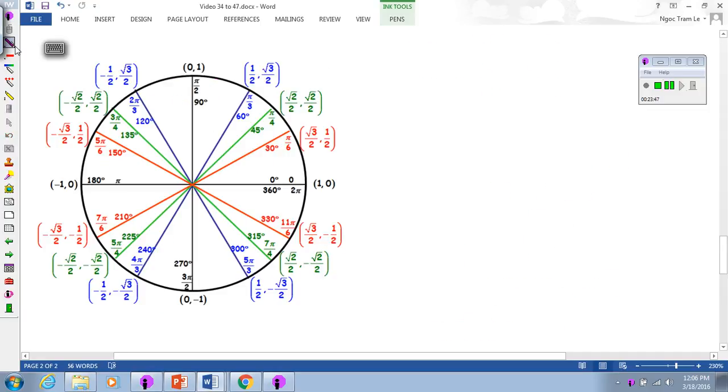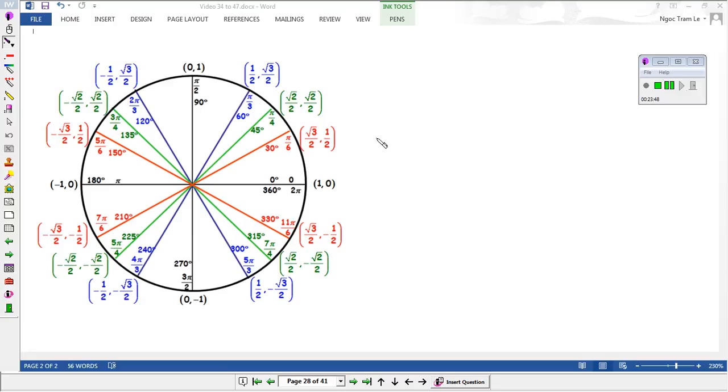So let's find the inverse tangent of square root of 3. Let me open my unit circle first.